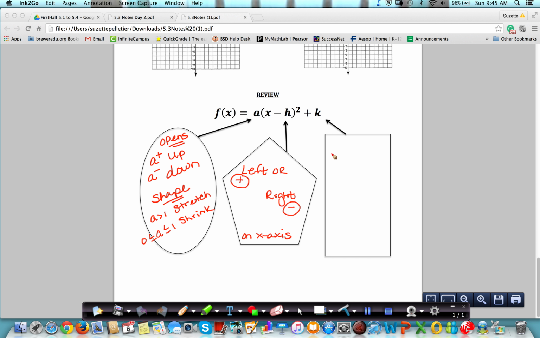And then the K tells us up or down, and up is positive and down is negative. And again, that's on the y-axis because that's the vertical change. So you need to understand what each of those means so that you're able to combine them. Sometimes we'll have just one thing happening. Sometimes you'll have multiple things happening. But the idea is that you know what each of these numbers tells you to do.